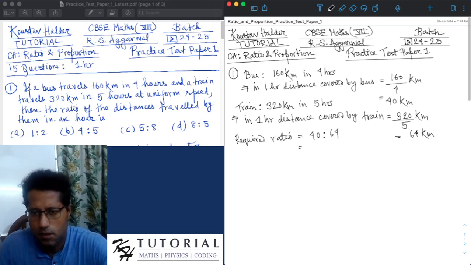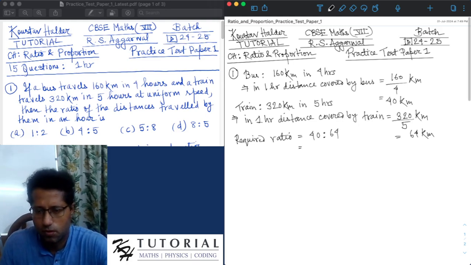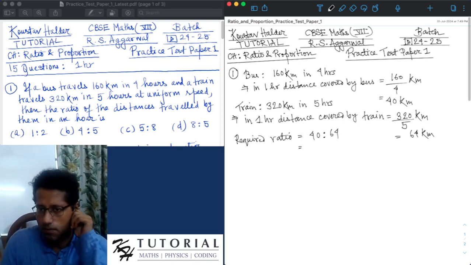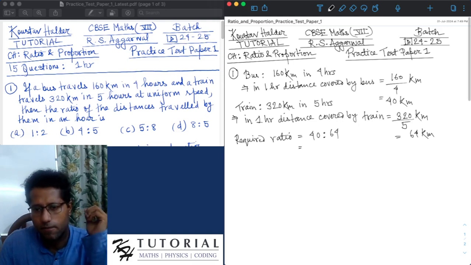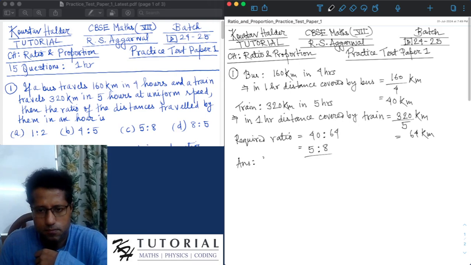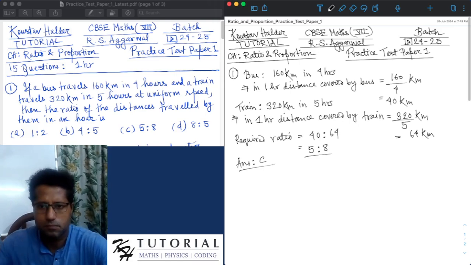If you divide both the terms by 8, and convert this ratio to its simplest form, it becomes 5 by 8. Okay, so 5 by 8 is the answer. So the correct choice is choice C.